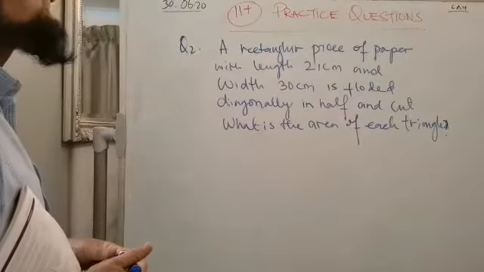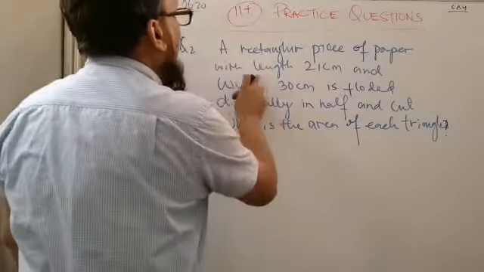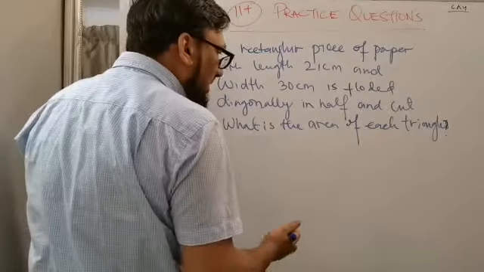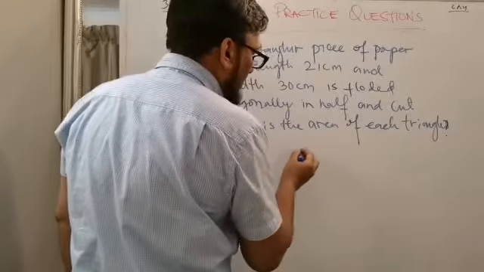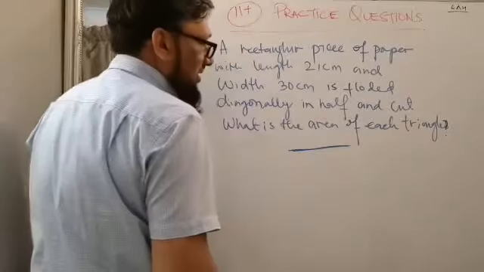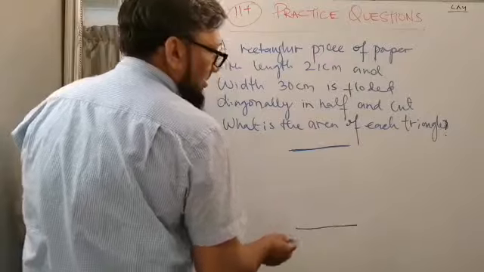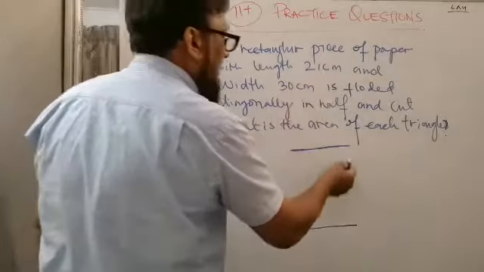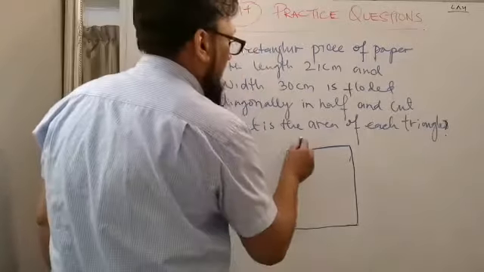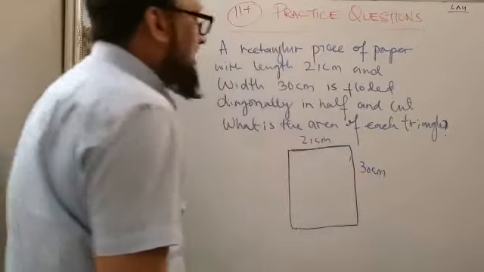So this is the question, okay? So a rectangular piece of paper, okay? So you will take a piece of paper which is a rectangular. So it has a length which is 21 centimeter, okay? Look at this one. This is 21 centimeter, okay? And its width is 30 centimeter.